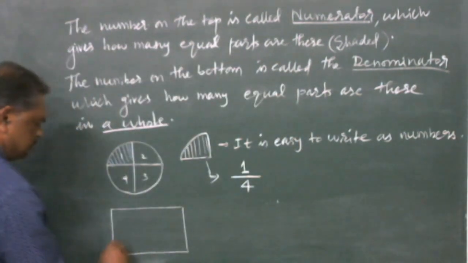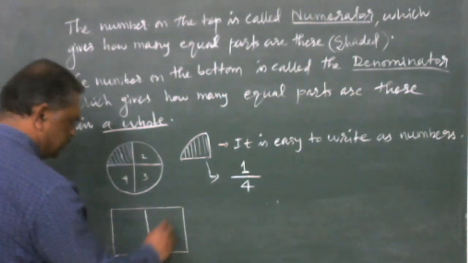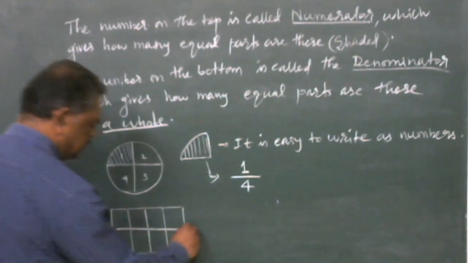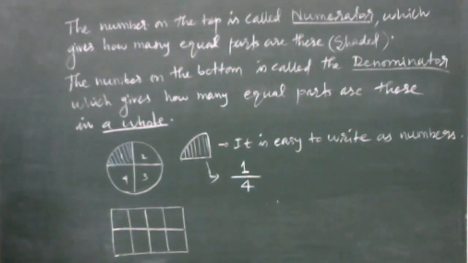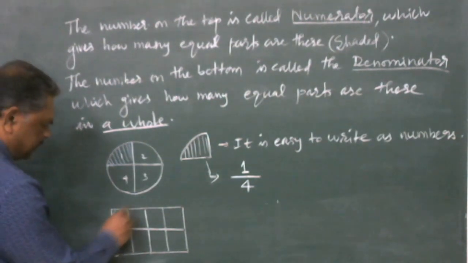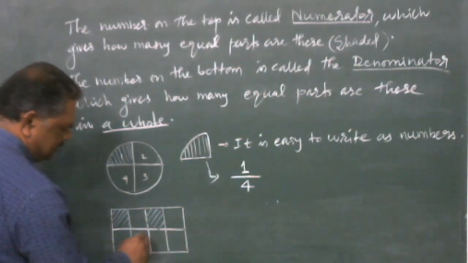Let me take a rectangular cake. Let me divide this into a number of equal parts. All the parts are equal. Now let me shade a few parts. One here, maybe one here.